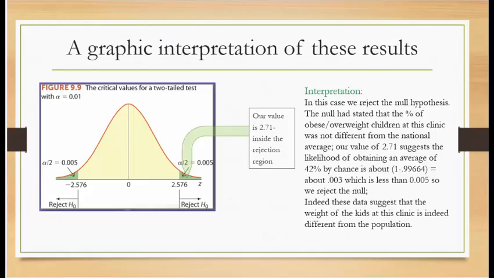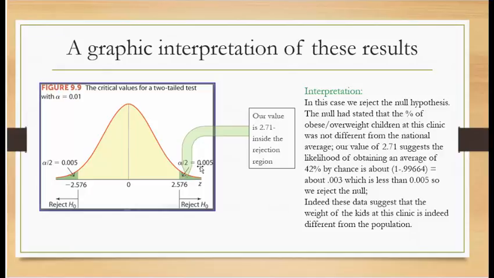So here we have a graphic interpretation of the results. Our number 2.71 is out here. I sort of tried to draw it in there. You can see we have 2.576. This is our rejection region with an alpha of 0.01. It's just a set number.